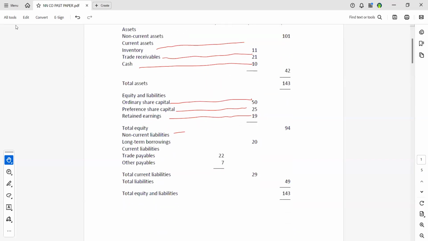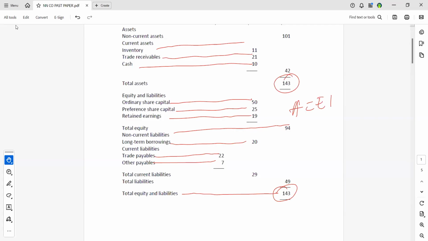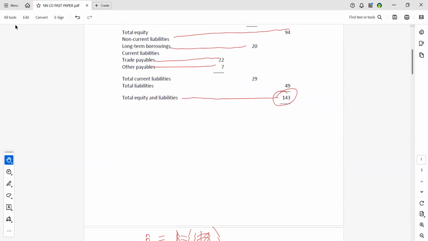Then we have non-current liabilities 94, long-term borrowings 20. Current liabilities, we have trade payables, other payables. Then we have total equity and liabilities 143, which is equal to total assets. Assets is equal to equity plus liabilities, if you remember your accounting equation. So the assets are 143, the equity and liabilities are also 143.